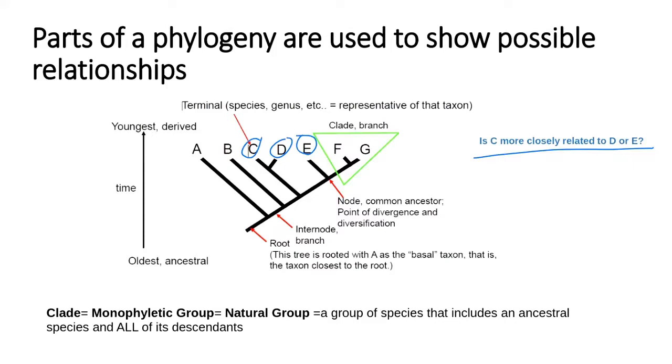All right, so I'm going to explain how to answer this question, and we're going to answer a different question on a different slide. So how do I know if C is more closely related to D or E? I am going to travel to the origin of all ancestors. The origin of all ancestors and descendants is going to be called a root.